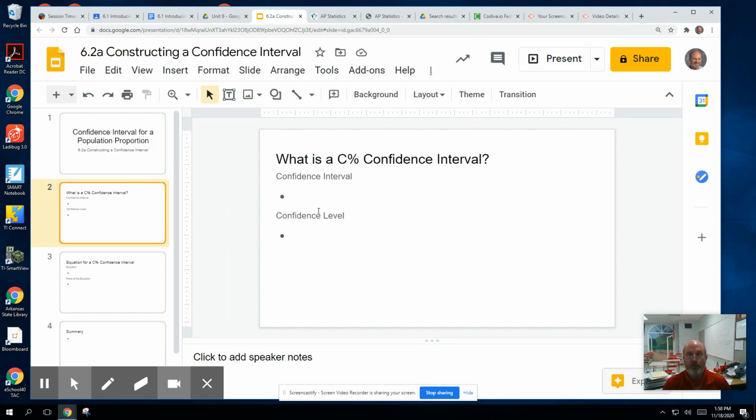So the first thing we need to ask ourselves is, what is a C% confidence level? When we do confidence intervals, we are usually going to assign them a confidence level. C represents that confidence level.